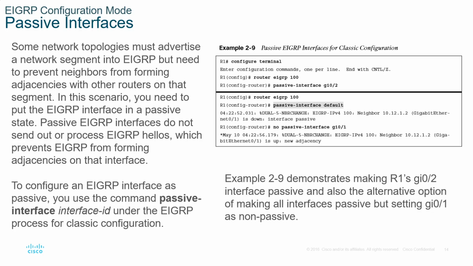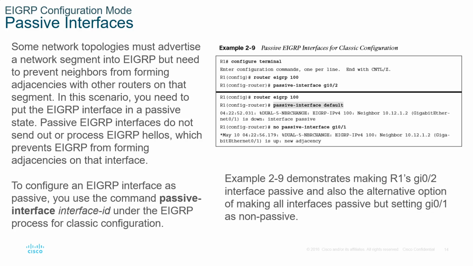So it's active in the routing process, so other devices know this route exists, but we don't want to send route advertisements out of that interface because there's no router to send that information to. So we make it passive.